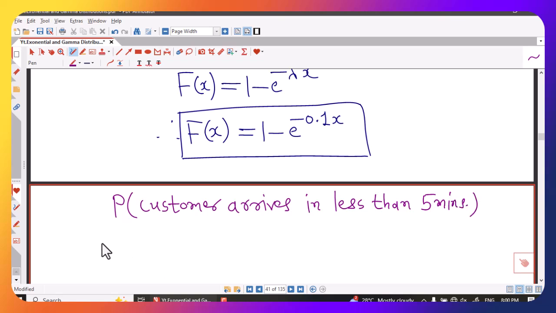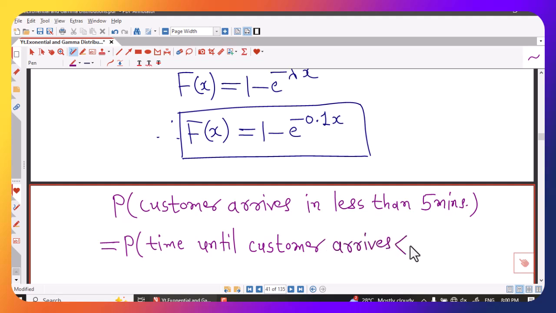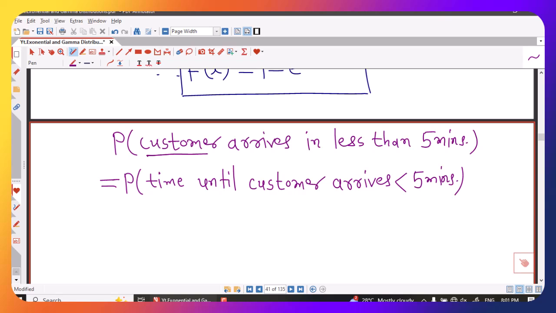This is equivalent to the probability that the time until customer arrives is less than 5 minutes. These two statements are equivalent.